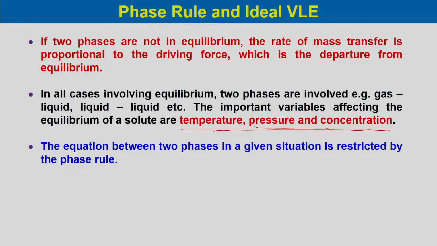The equilibrium between the two phases in a given situation is restricted by the phase rule. As we know, F is equal to C minus P plus 2.